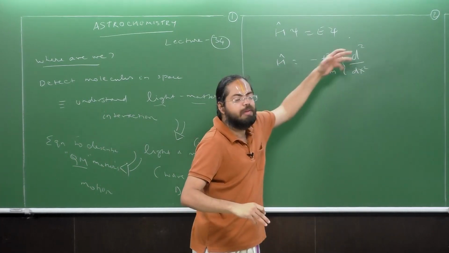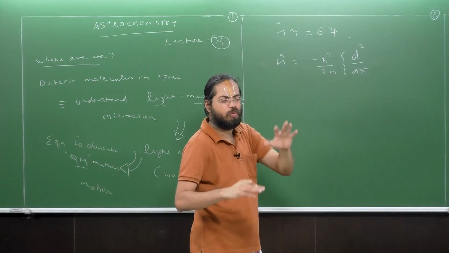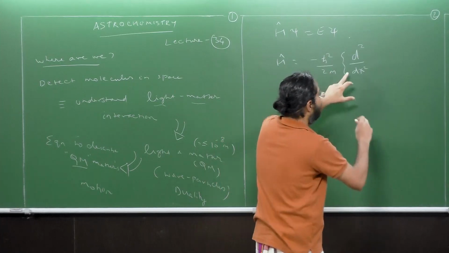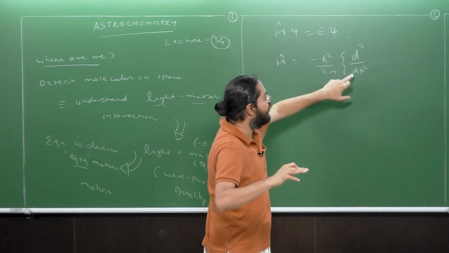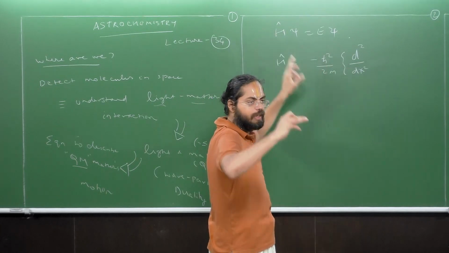For an n-dimensional system, the same idea can be generalized. It's very easy, so that's not a big deal at all. Okay, so I'll just keep exactly the one-dimensional form that we had obtained in the last class.